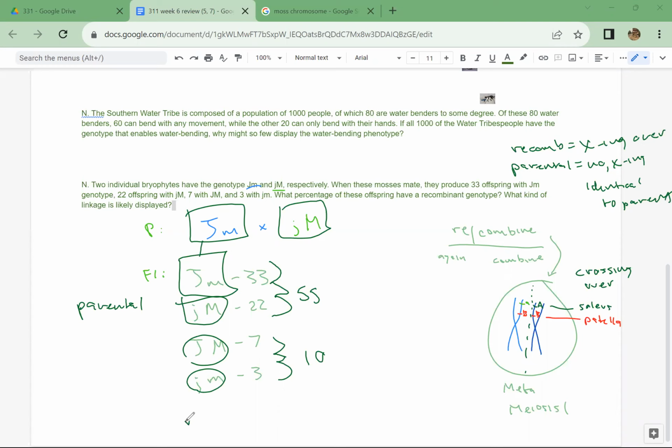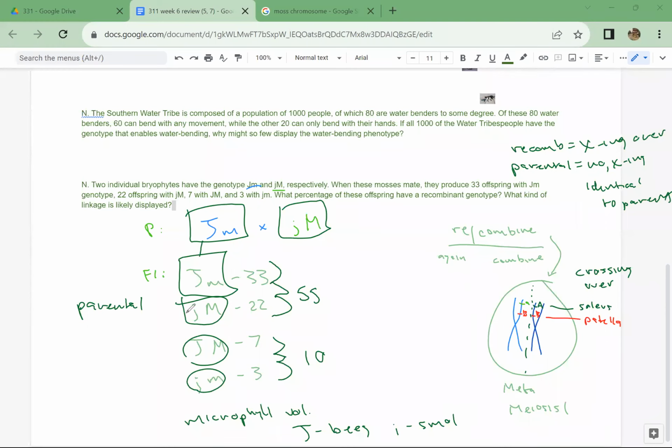So J is microphyll volume. Phyll means leaf, micro means small, because they aren't actually vascular. They have really small photosynthetic surfaces. So microphyll volume, and capital J was big, lowercase j was small.